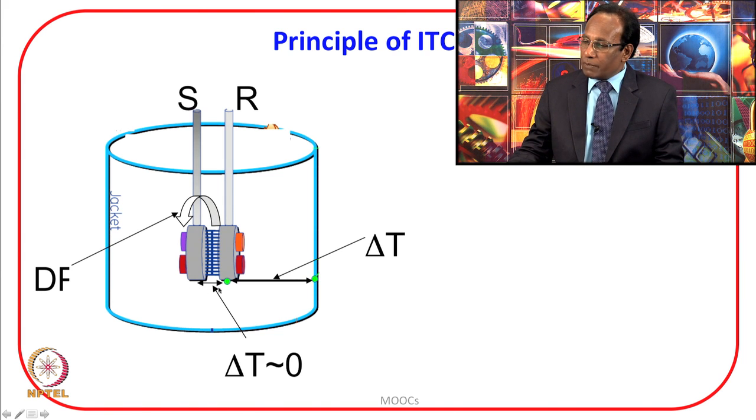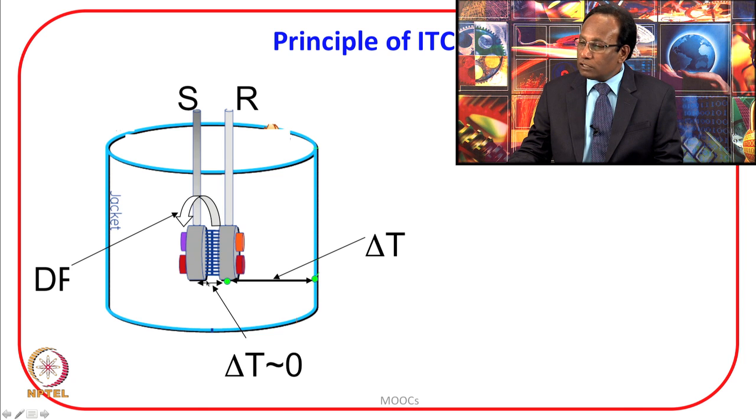So, delta T is maintained 0, and then suppose if any reaction takes place in the sample cell, that reaction can be exothermic or endothermic. If the reaction is exothermic, temperature will tend to increase. If the reaction is endothermic, temperature will tend to decrease.